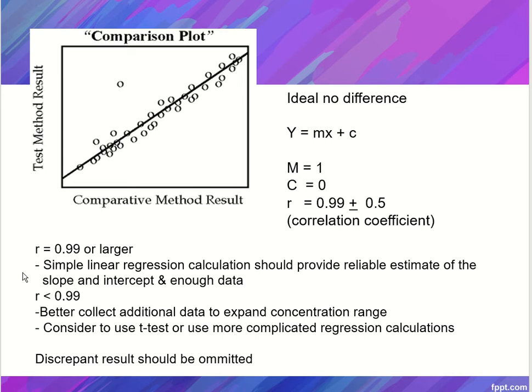However, if r is less than 0.99, you need to collect additional data to expand the concentration range, or consider using a t-test or a more complicated regression calculation. And remember, the discrepant result should be omitted. You need to omit it first before you continue to another step of data analysis.